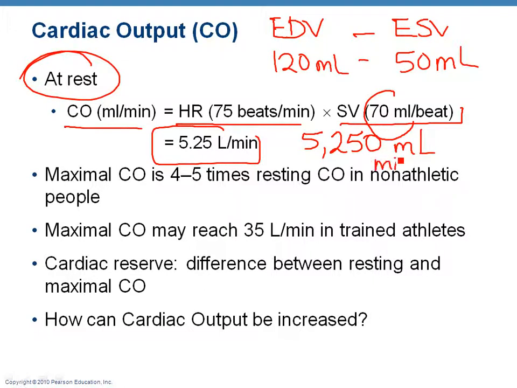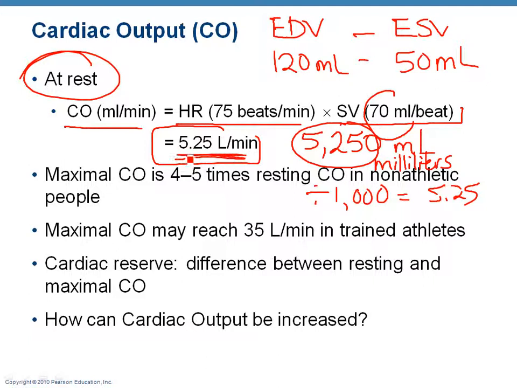ml stands for milliliters. Okay. A milliliter is 1/1000th of a liter. So there are 1,000 milliliters in a liter. So if you want to express this as liters, you take this number and you divide by 1,000, and that gives us 5.25 liters per minute.